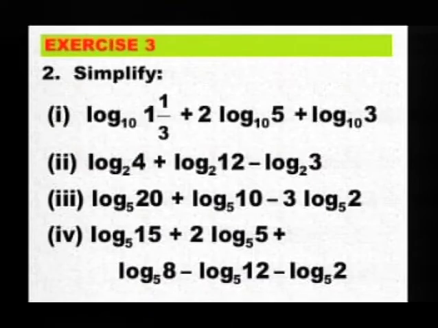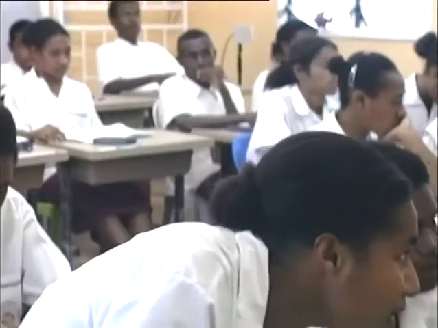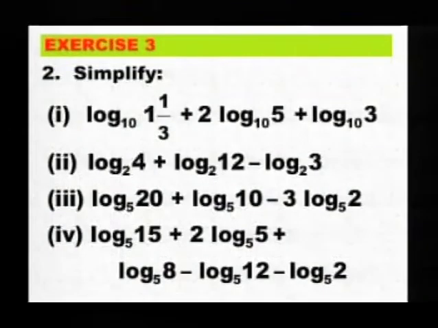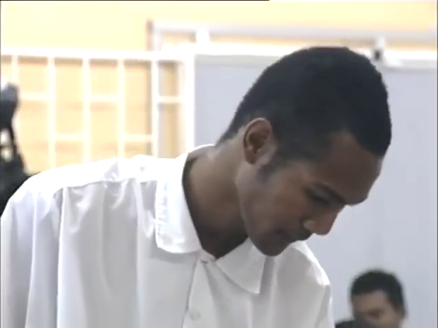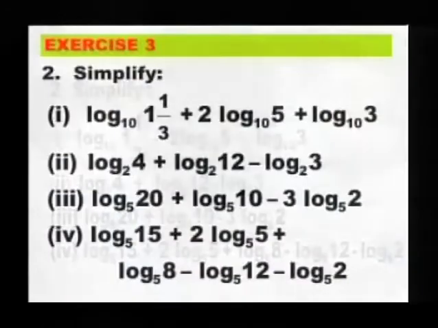Miriam? Pass the mic to Miriam, please. Two. The answer is 2 for number 1. Number 2, any volunteers? Kila? Four. 4 is correct.